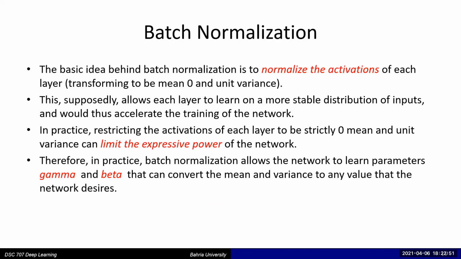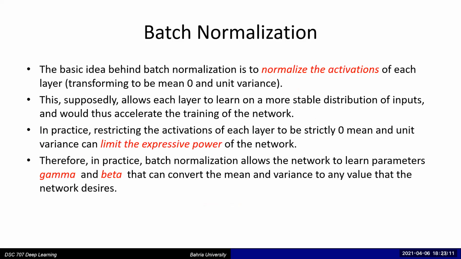Okay, so the key idea of batch normalization is that in a neural network, you have multiple layers. So just like we are normalizing our input data by subtracting the mean and dividing by the standard deviation, we can repeat the same process at the subsequent layers of the network.